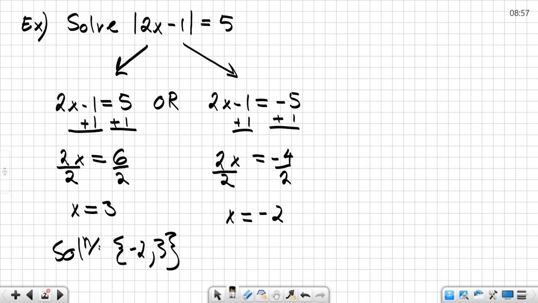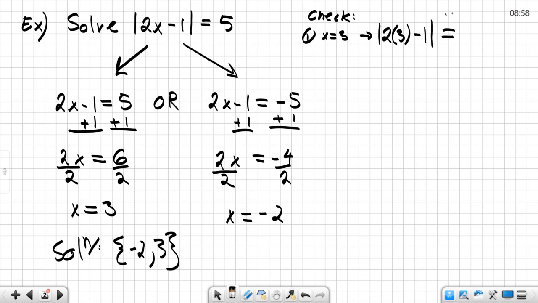And I can test this. I can check whether I did this right. If I first check x is equal to 3 and I plug this into my equation, then I end up with the absolute value of 2 times 3 minus 1.